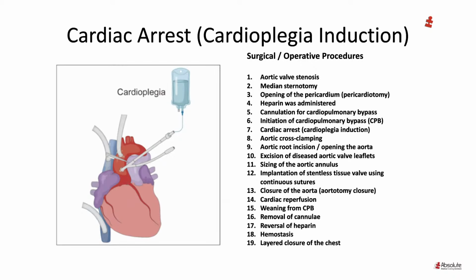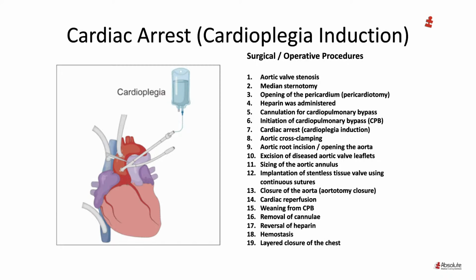Now, when the cardiopulmonary bypass machine is on, the doctors induce cardiac arrest. Yes, they want to safely make that heart stop and protect the heart muscle while the surgeon is working on the valve. We have to protect that muscle because if we don't, an infarction or heart attack can set in and we can have more complications.